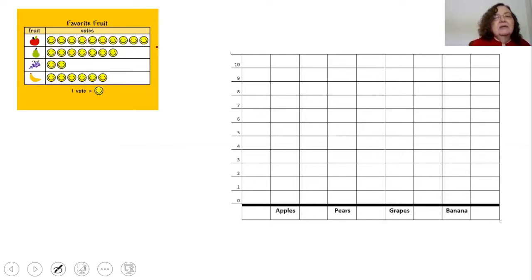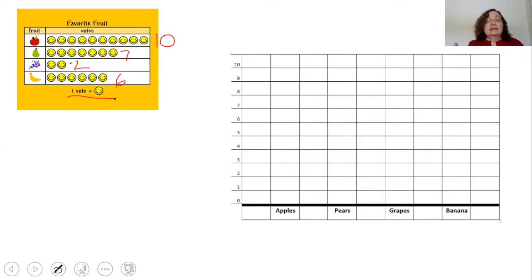I'm going to put a 10 there. And then the pear, 1, 2, 3, 4, 5, 6, 7. And the grapes, 2. And the bananas, 1, 2, 3, 4, 5, 6. Okay? Because we see that it says 1 vote was a happy face.